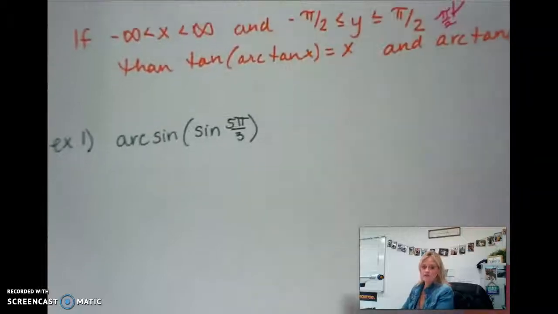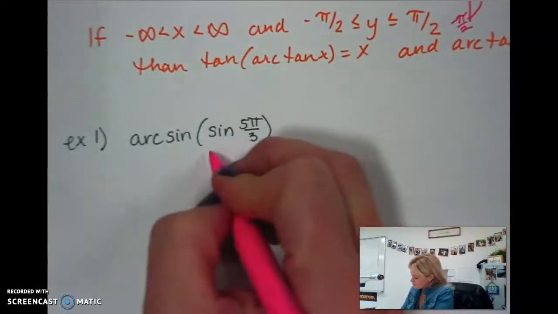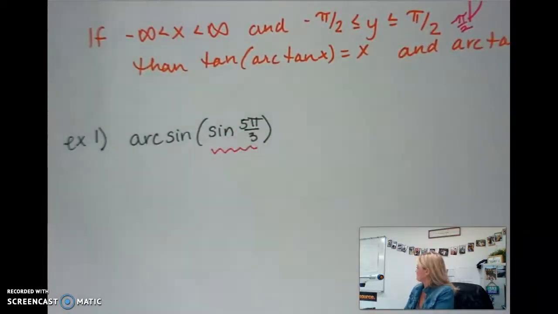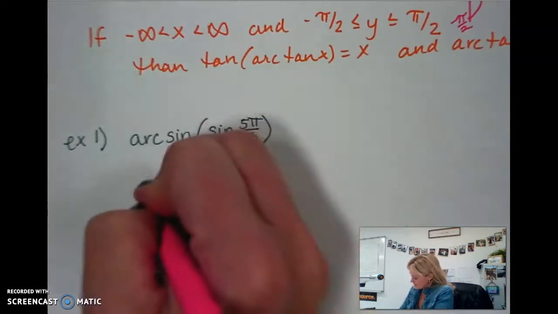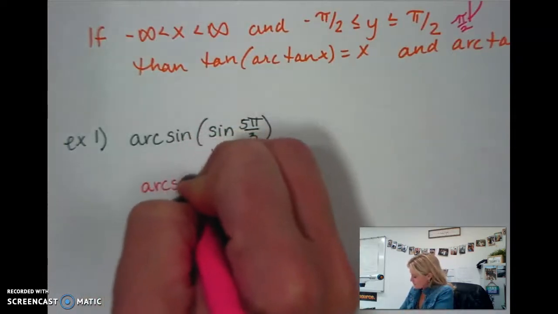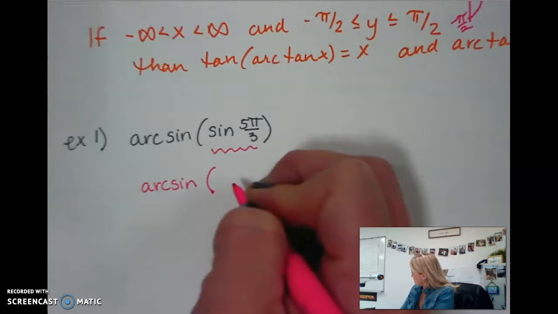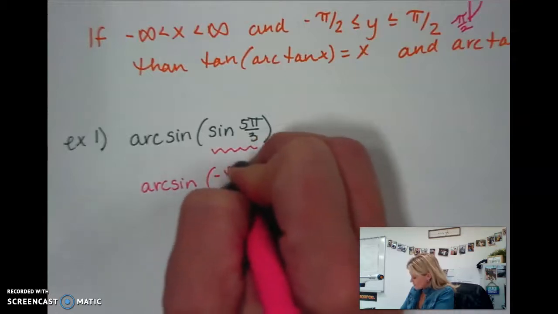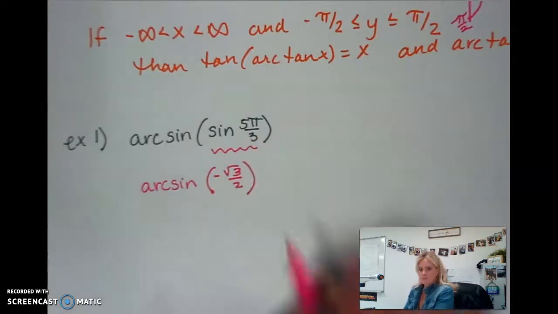So if you think about working from the inside out, what is sine at 5 pi over 3? Again, use your unit circle. The sine at 5 pi over 3 is the y value, or -√3 over 2.